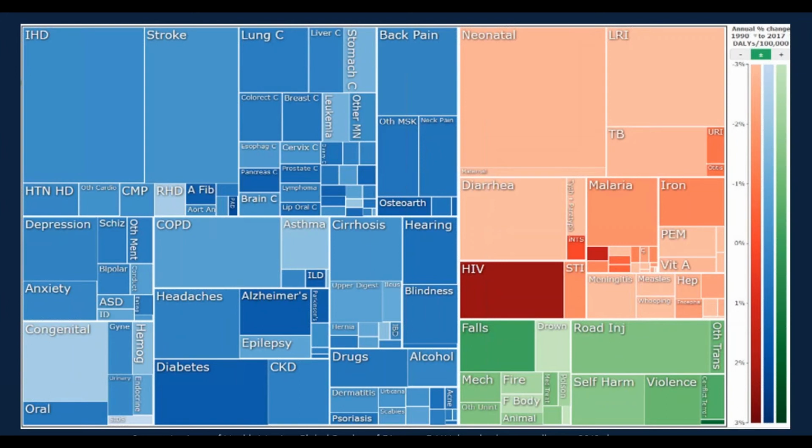Even during the COVID season, or probably post-COVID, we will see a high prevalence or incidence of all these mental health problems. And then what we have in this pink color are the communicable diseases.